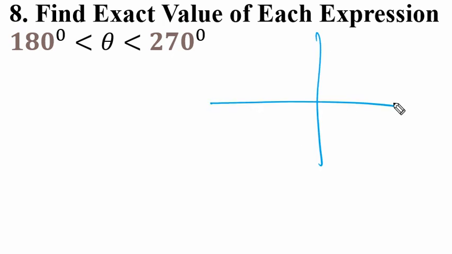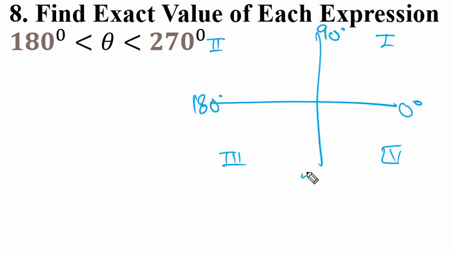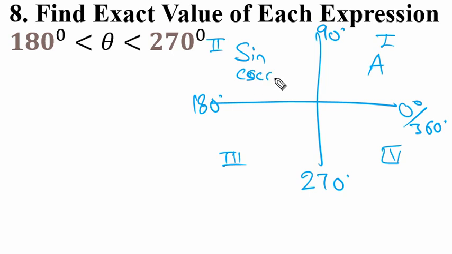If you don't know the quadrants, this is your quadrant 1, quadrant 2, quadrant 3, quadrant 4, with 0 degrees, 90 degrees, 180 degrees and 270 degrees. One complete cycle makes 360 degrees. In quadrant 1, all trigonometric functions are positive. In quadrant 2, sine and cosecant are positive.